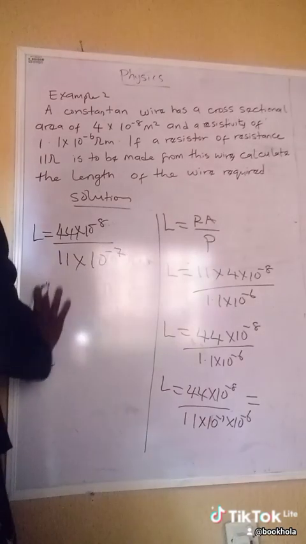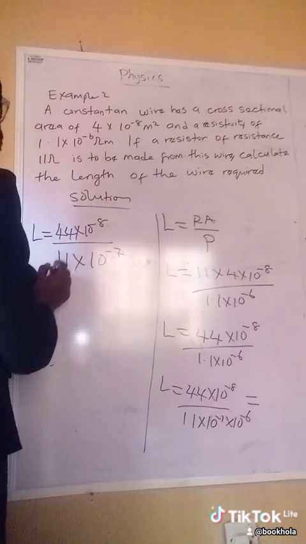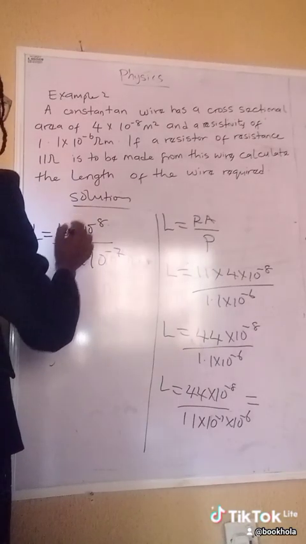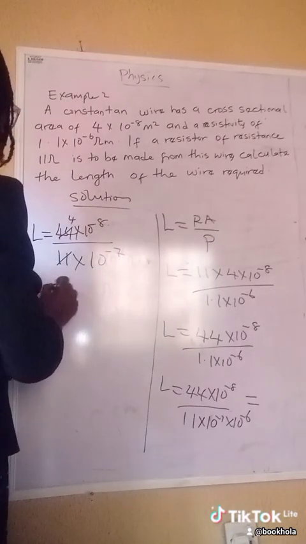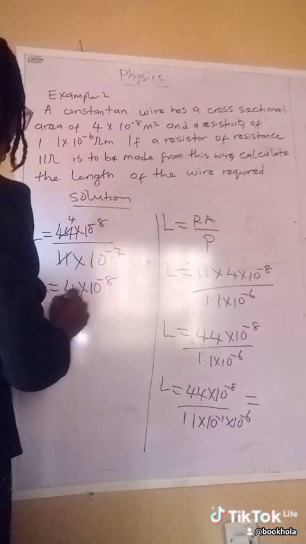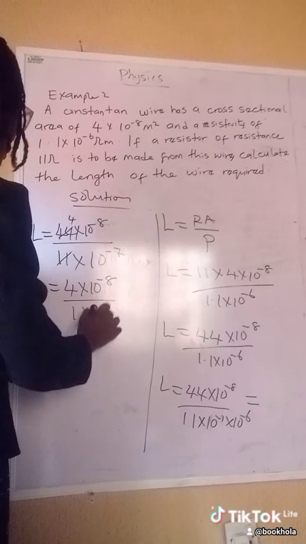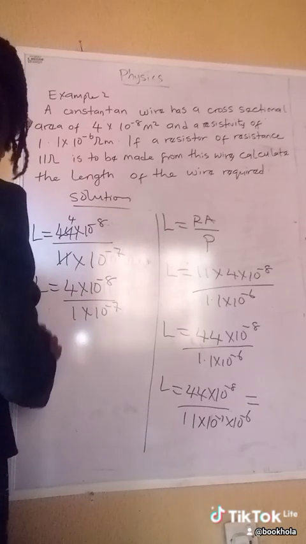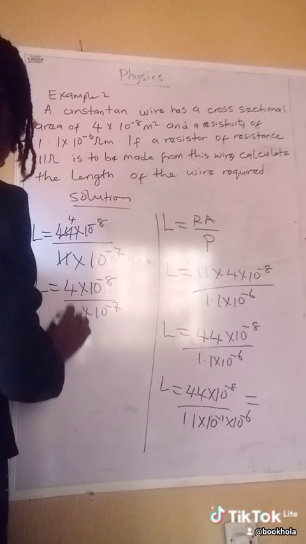Is that okay? So now 11 can go into this. 11 into 44 will give us 4. So we have L is equal to 4 times 10 raised to the power minus 8 all over 1 times 10 raised to the power minus 7.